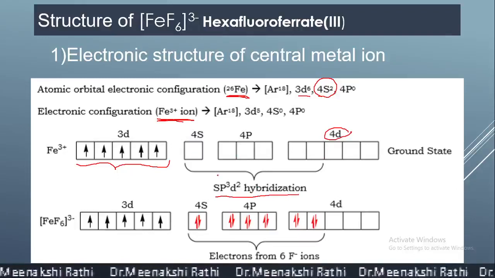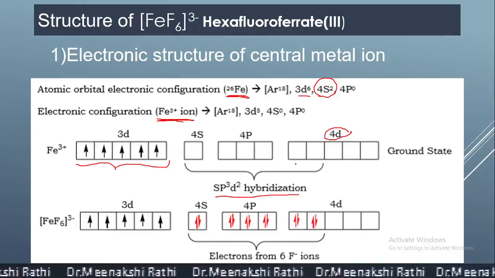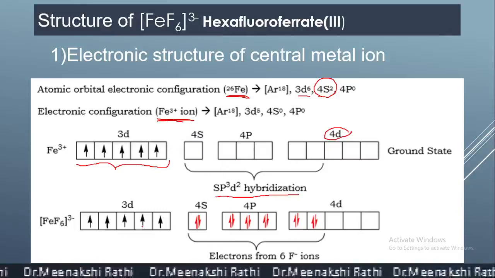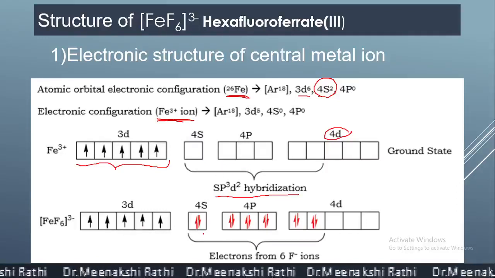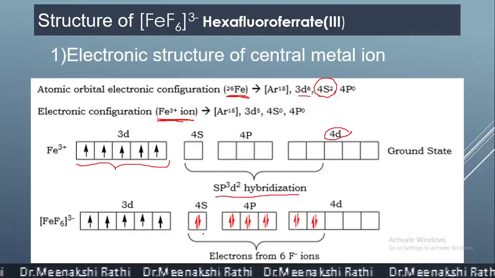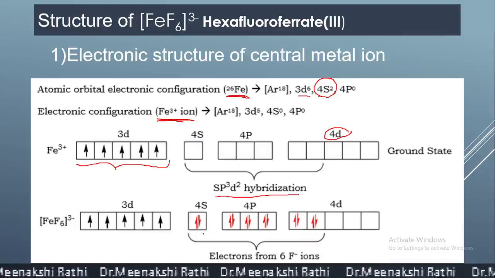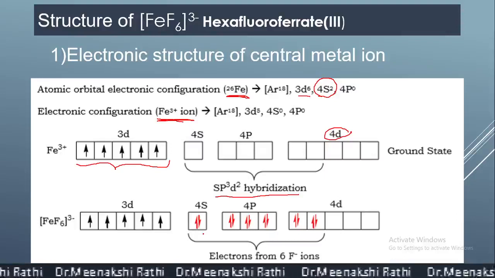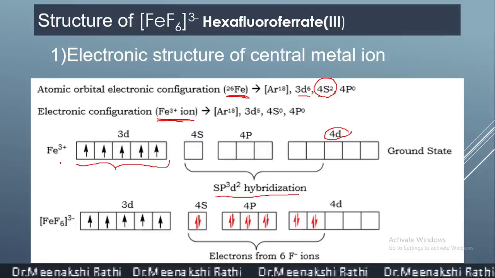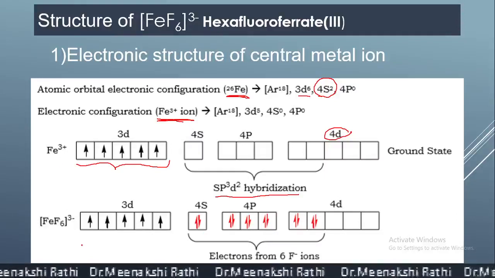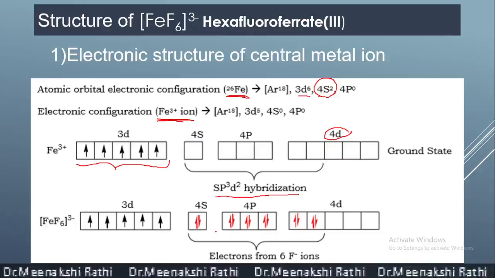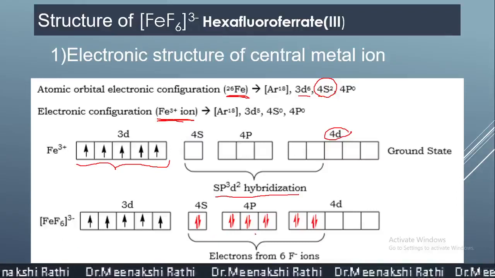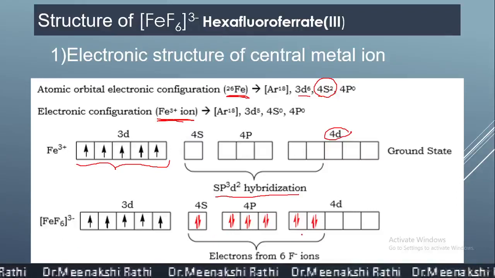So these 6 orbitals undergo hybridization and provide 6 empty hybrid orbitals. These hybrid orbitals of the Fe3+ ion accept electrons from the fluoride ligands, which are represented in red.